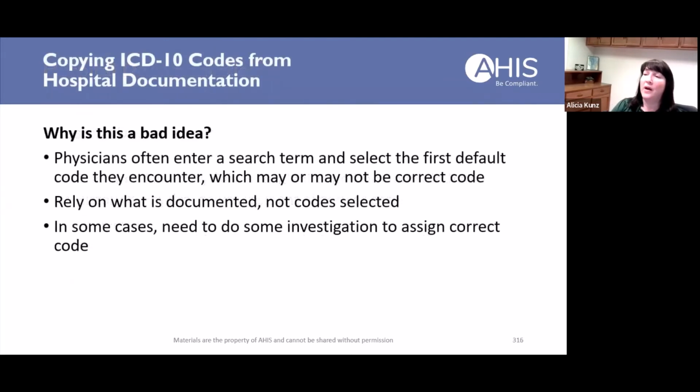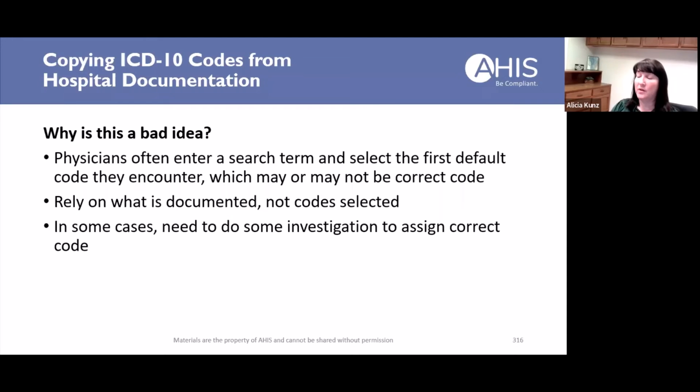So one of the things that we sometimes see is the codes. Sometimes they'll list ICD-10 codes within their documentation, depending on the software used from the hospital. And sometimes those just get copied straight over by our coders. And that is not a good idea. The reason is the physician's going to type in a search term, and a lot of times they're just going to select the first default code they encounter, and that code may not even match their documentation.